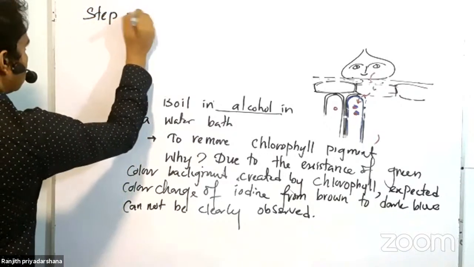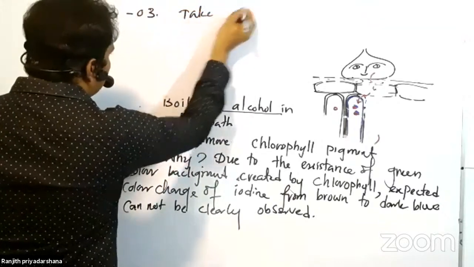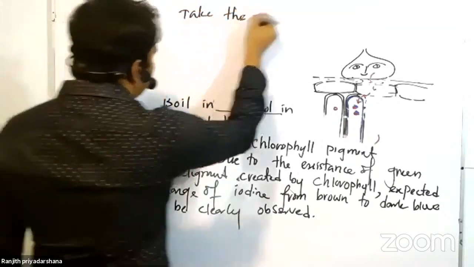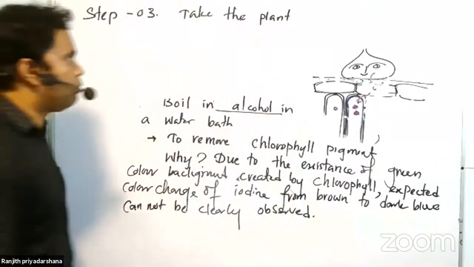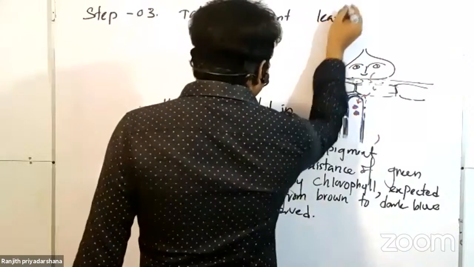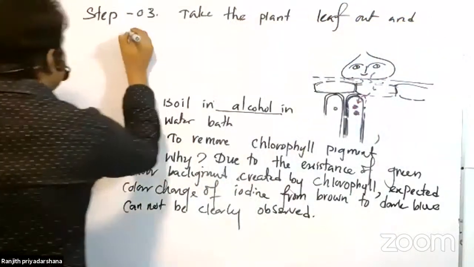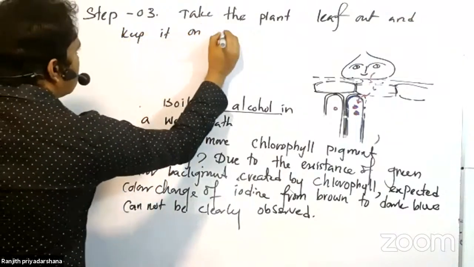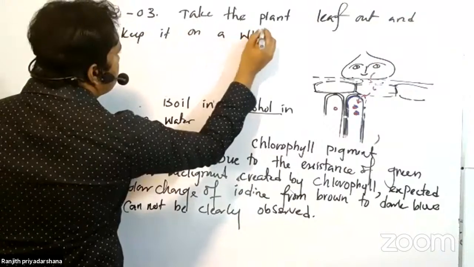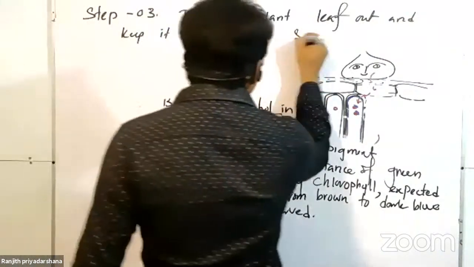Step 3. Take the plant leaf out and keep it on a white surface.